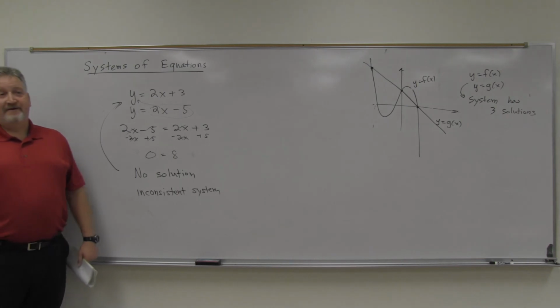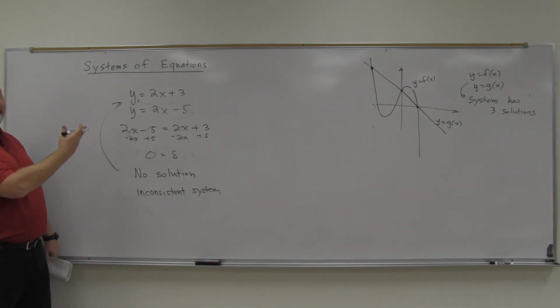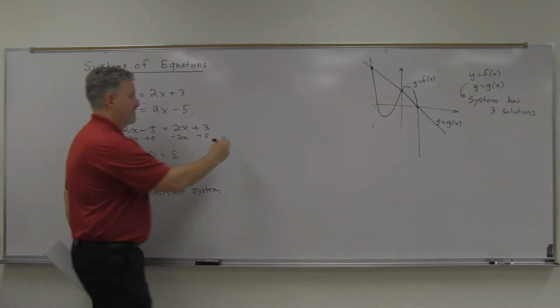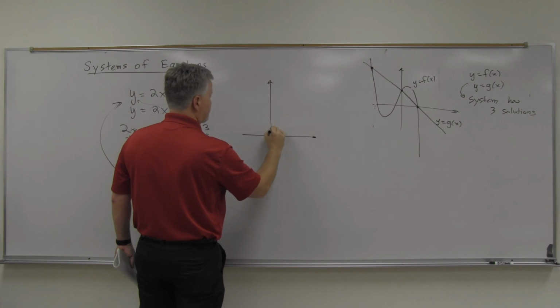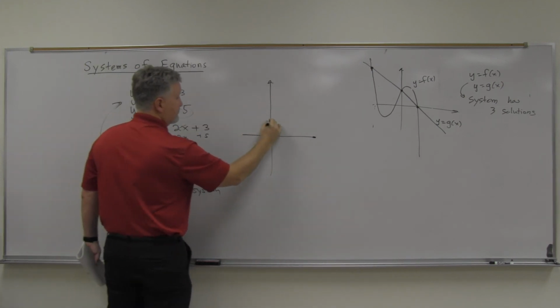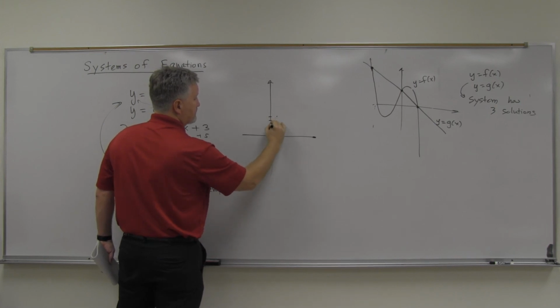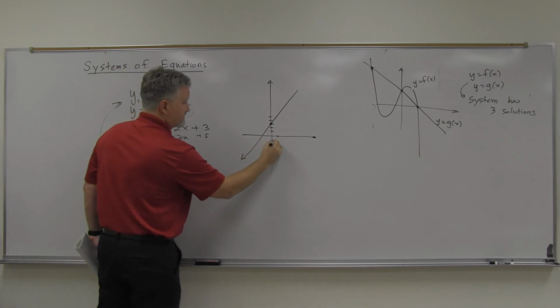The other question I would ask though, why does it have no solution? What happens on these lines here? The parallel lines, yeah. They don't intersect. This one, the y-intercept's 3, the slope is 2. So that would look like that. This one, the y-intercept's -5.